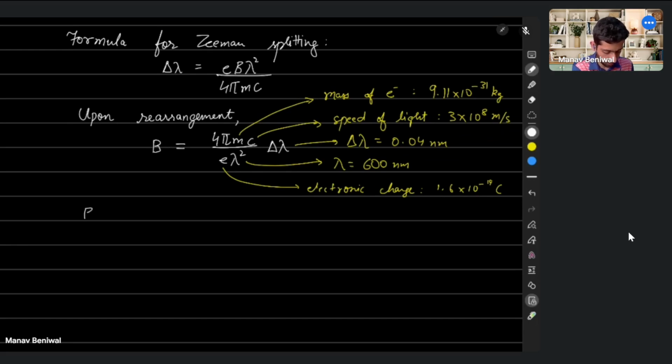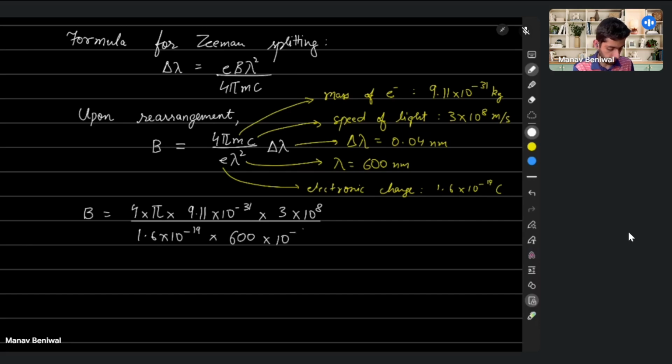So our B will become 4 into pi, M is 9.11, C is this much, lambda is 600 into 10 to the power minus 9 squared, and delta lambda is 0.04 into 10 to the power minus 9.